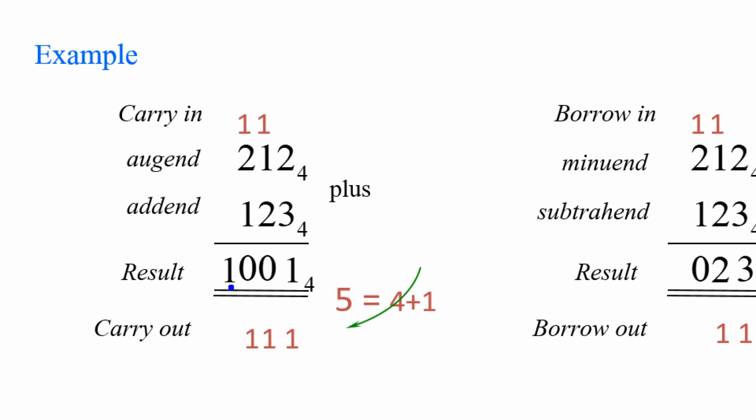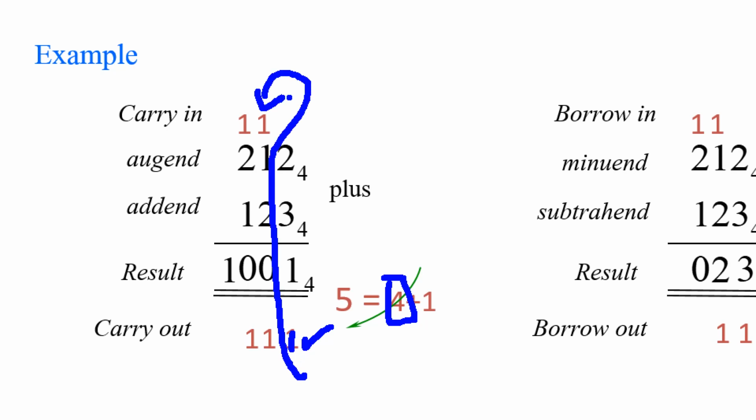Okay, that's all. What you should know is carry out and carry in. When you add, if there's some carry out, say the carry out is 1, the carry out of the digit will be carried in for the next digit on the left-hand side.